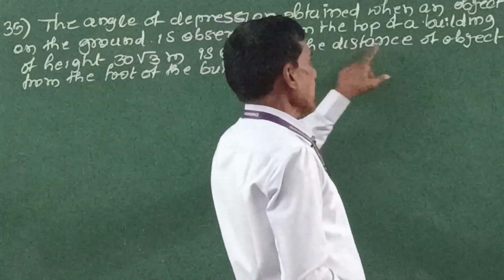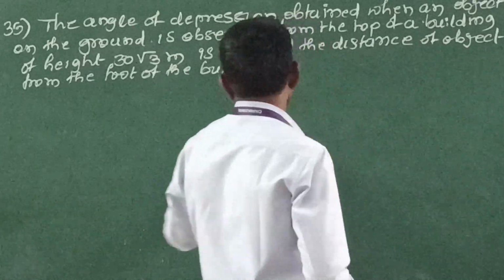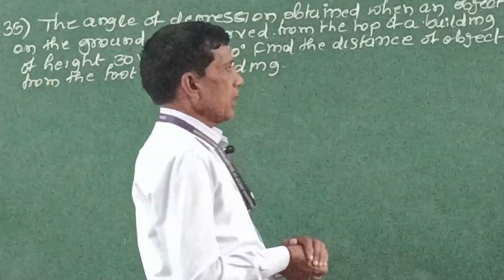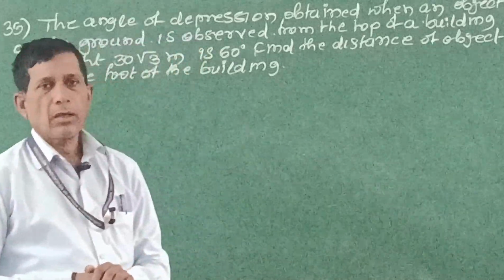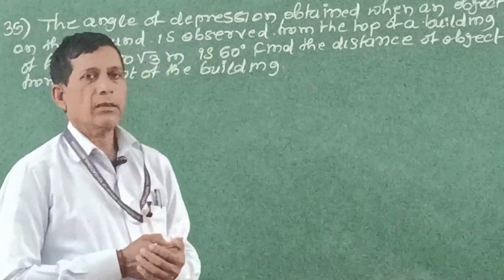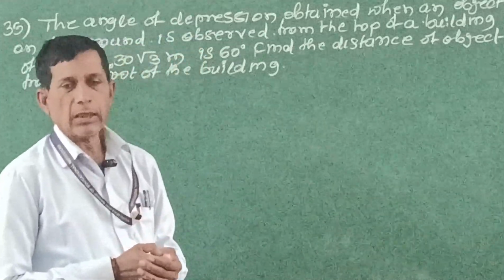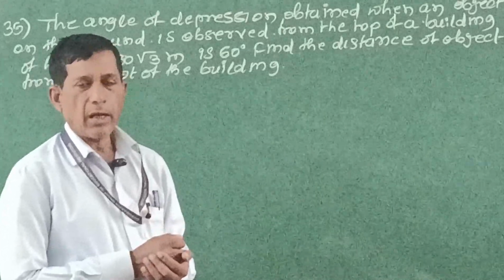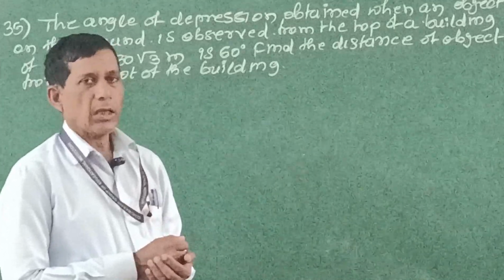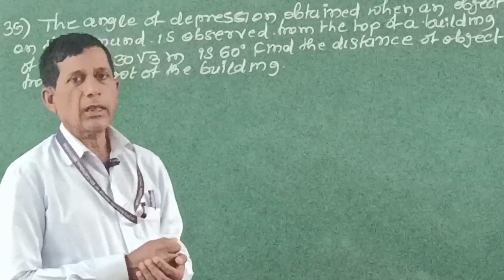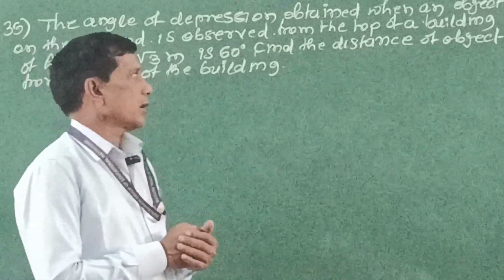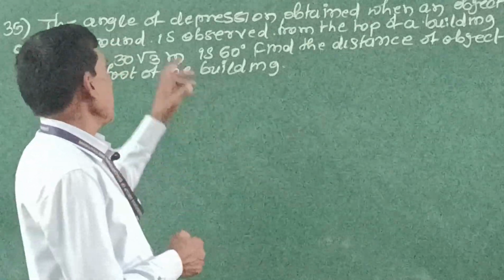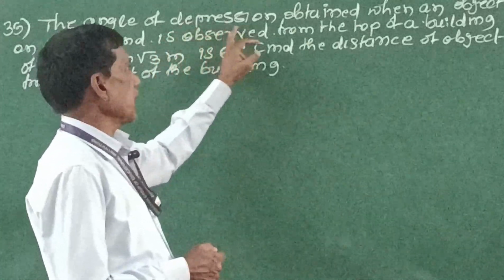Find the distance of the object from the foot of the building. There is a building of height 30 root 3 meter. The observer is sitting on the building, and that is called the angle of depression.